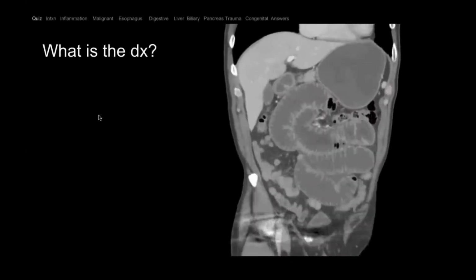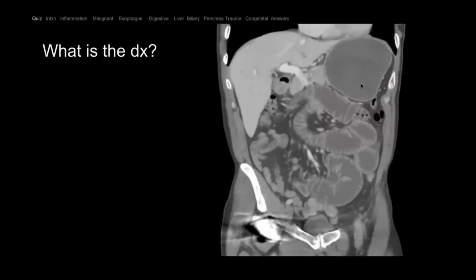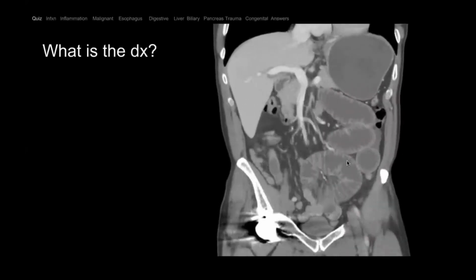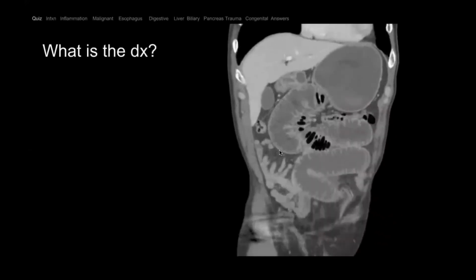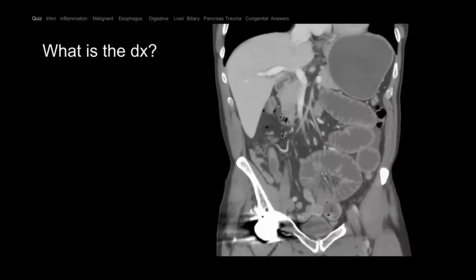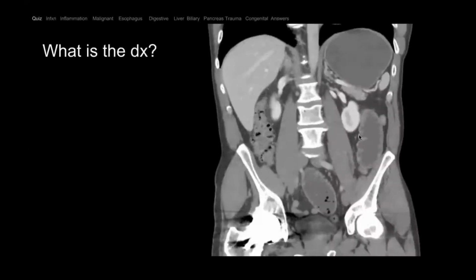Patient comes in with abdominal pain, nausea and vomiting. This is a CT scan, and you see that some of the bowel is really dilated, and some of the bowel is completely decompressed. IBD, yeah, possibly. Ulcerative colitis, that's a good guess. Toxic megacolon, okay?